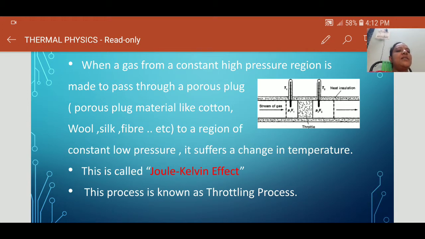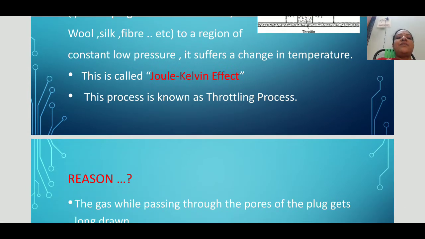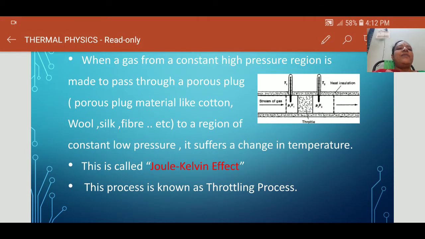Throttling means the small tiny holes in this porous plug material behave like throttles. For that purpose we call this Joule Kelvin effect a throttling process. So this is the definition of the Joule Kelvin effect. See here in this figure, two thermometers are kept, T1 and T2.